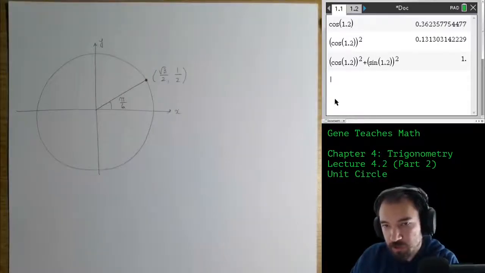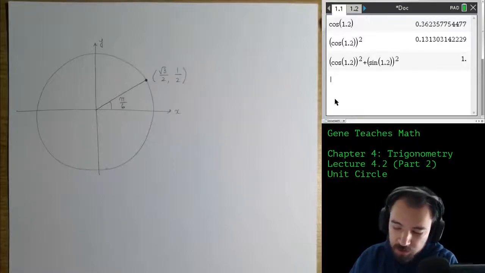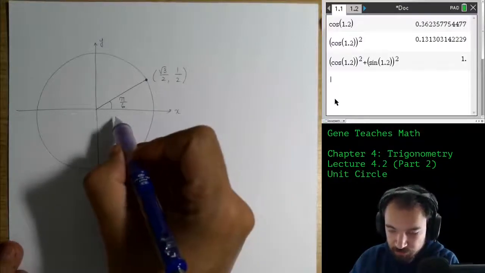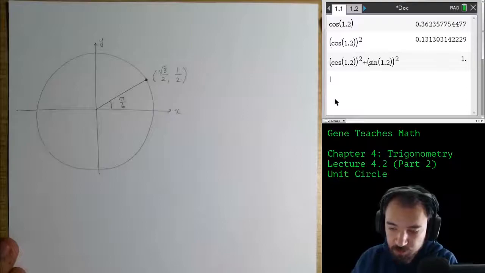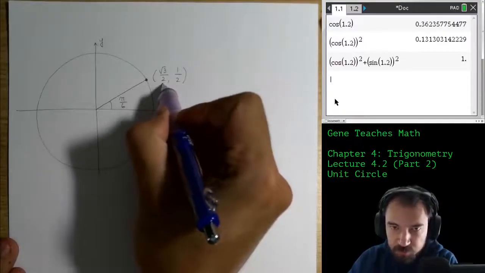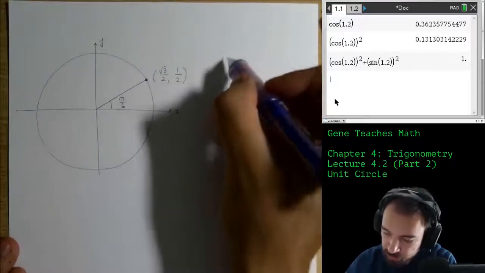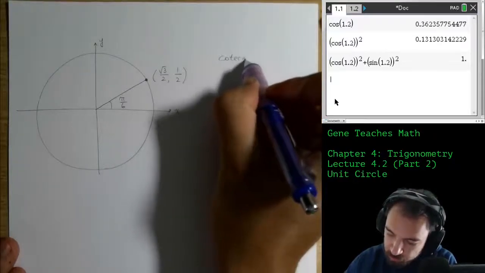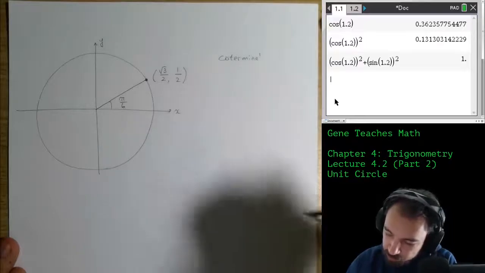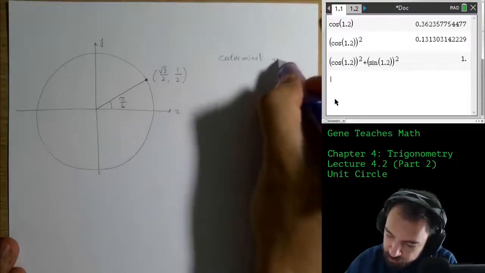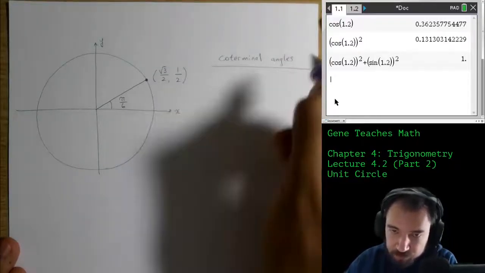Now, let's discuss a cool property of trig functions. In this case, we have a familiar angle, and we have a familiar intersection point. We know that cosine of pi over 6 is root 3 over 2. We know that sine of pi over 6 is 1/2. But what if we asked about coterminal angles, which you remember from section 4.1 are angles that have the same terminal side?